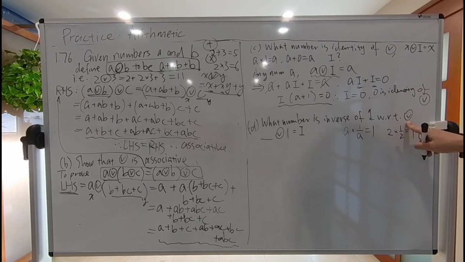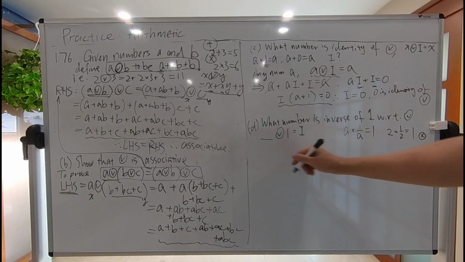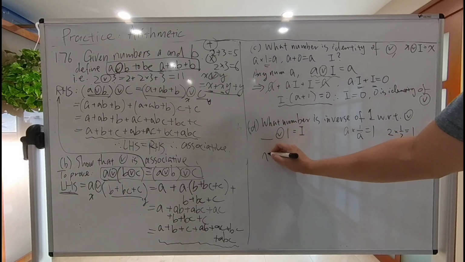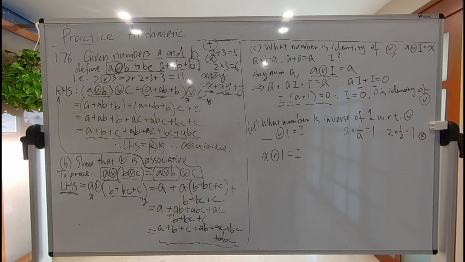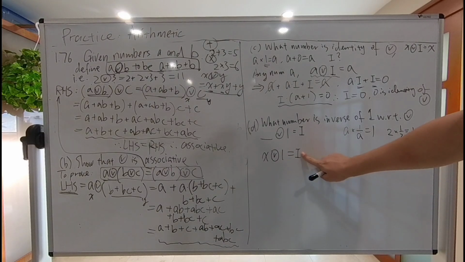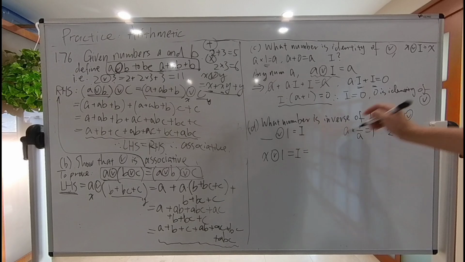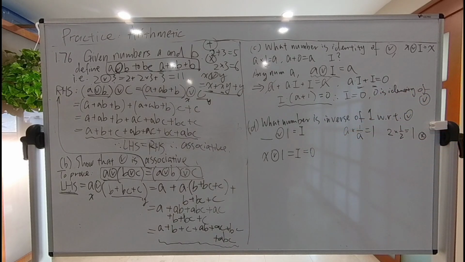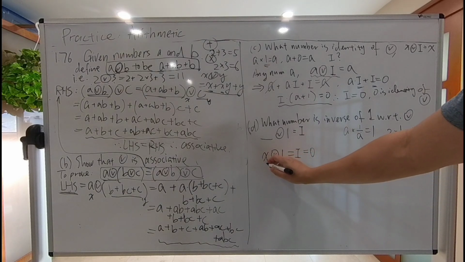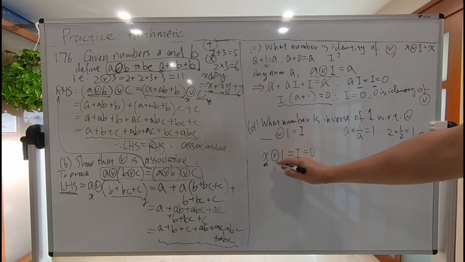Now we have a new operator instead of multiplication, so we want to know if there exists a number x that is the inverse of 1 with respect to the identity. Now, from the last question, we already saw that there exists an identity, and the identity equals 0. So the question is equivalent to showing whether we can find a number x operating with 1 that equals 0.